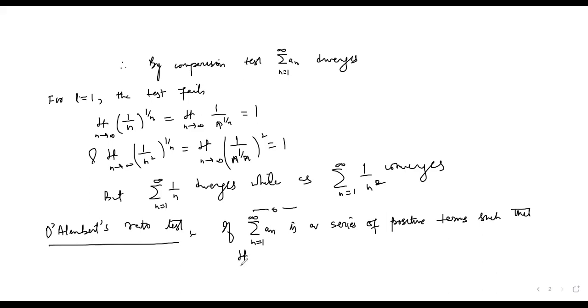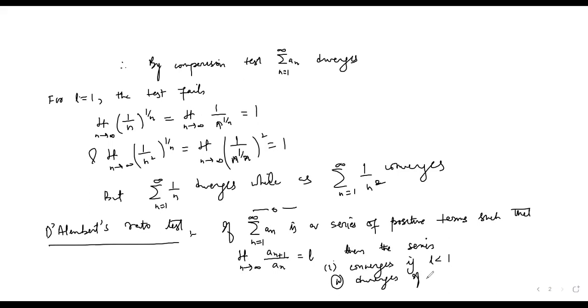the limit n approaches infinity, but further ये limit exists करे, an plus 1 by an is equal to some L, then वही जो इससे पहले था, then the series, पहला converges if L is less than 1, second diverges if L is bigger than 1, third the test fails if L is equal to 1.